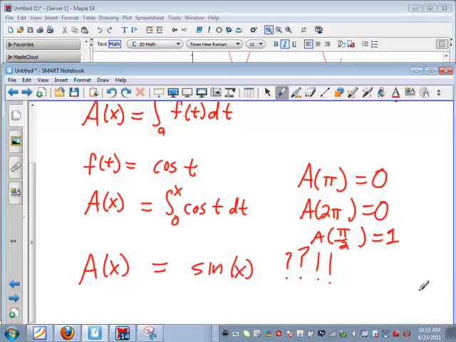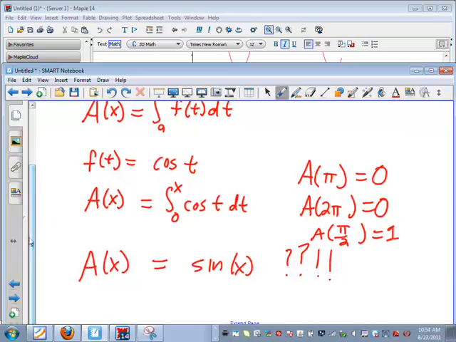The fundamental theorem of calculus in words says that the area function is an antiderivative. The area function is an antiderivative. If you take the derivative of the area function of some other function f, then you get that function. Right? That's the remarkable thing about the fundamental theorem of calculus.